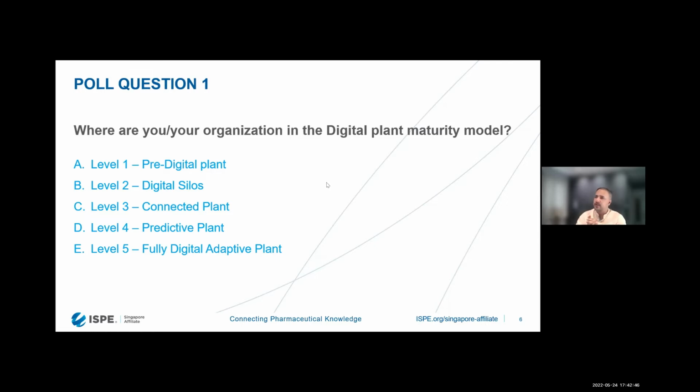So good. We have about 29% of the respondents in pre-digital, and more than 40% digital silos, and then 30% connected plant. So great. I think we have a good mix of attendees here. I would like to thank you for taking your time and putting in your choices here.